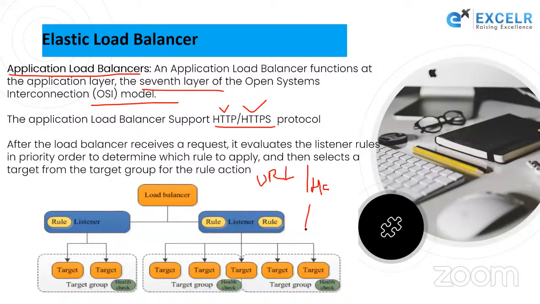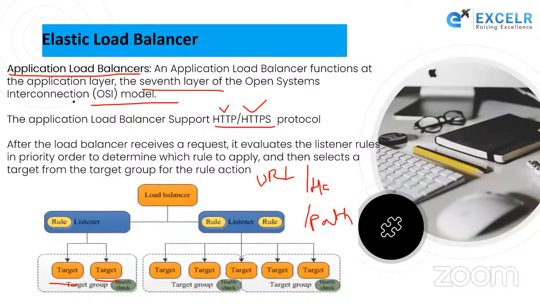It can also be routed based upon the path, and it can also be based upon certain different attributes as well. So this is very advanced kind of a thing. And with this application load balancer, we can have multiple target groups attached to your load balancer. This is not possible with your classic load balancer.